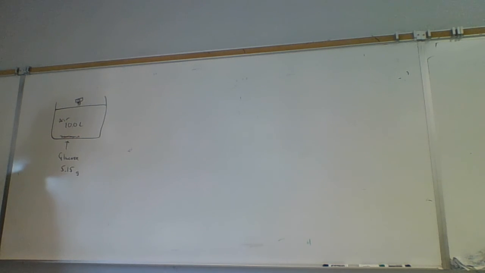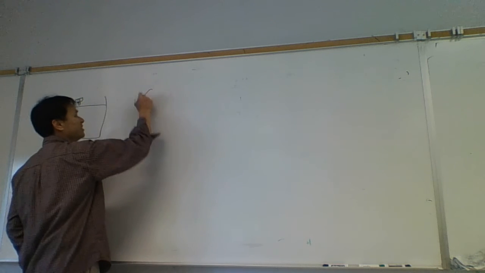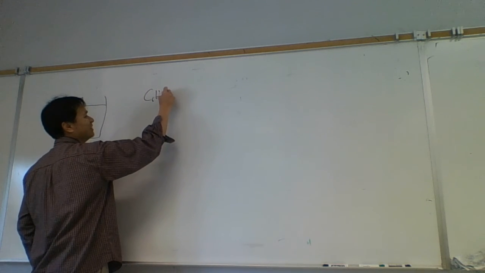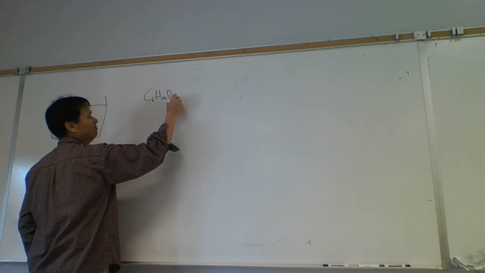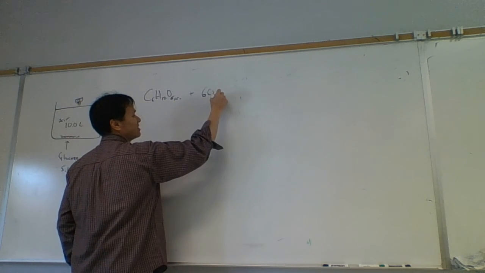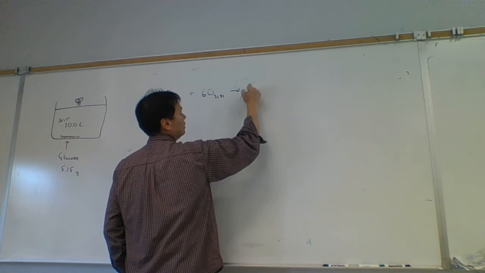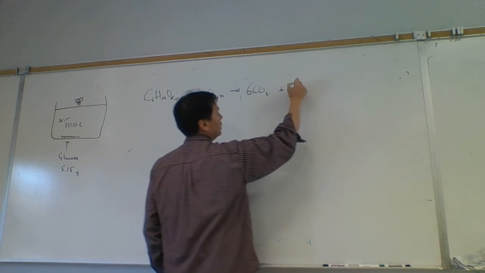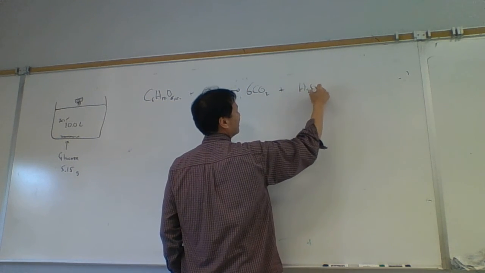But when you see a problem like this, when we're given the amounts, because we're trying to burn glucose. Glucose is C6H12O6. It's a solid. Plus, it's going to take 6 oxygen gases, to make CO2 and water.